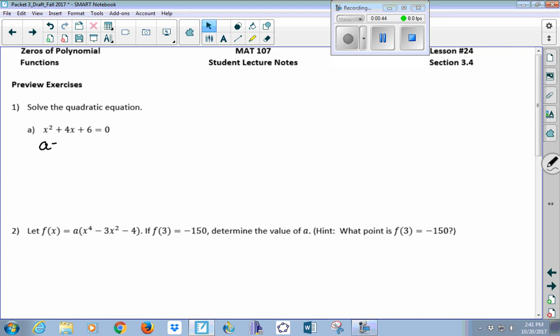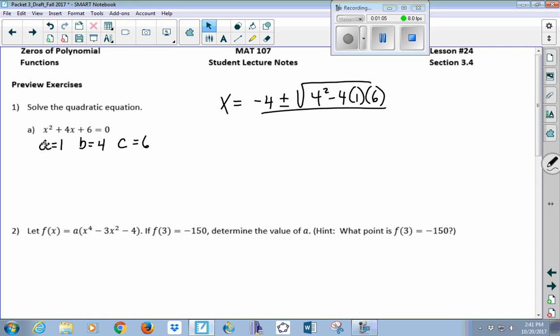So A, the leading coefficient is 1, B is 4, and C, my constant, is 6. So I'm solving this equation for x, so I start off with an equation x equals the opposite of b plus or minus the square root of b squared minus 4 times a times c all over 2 times a.